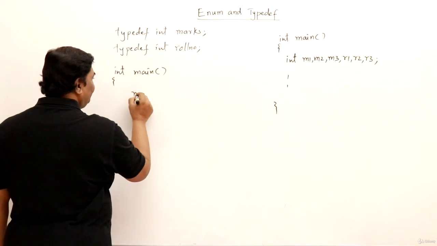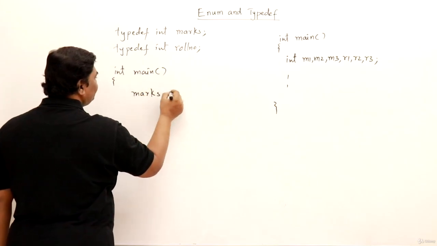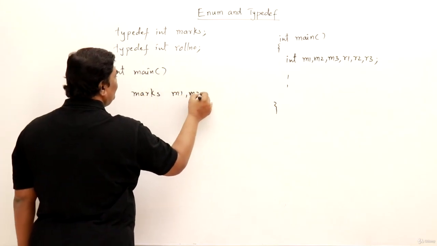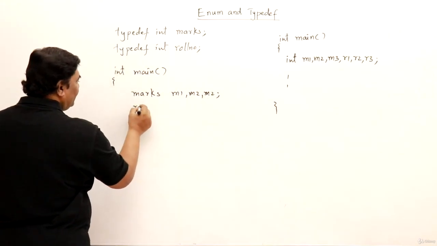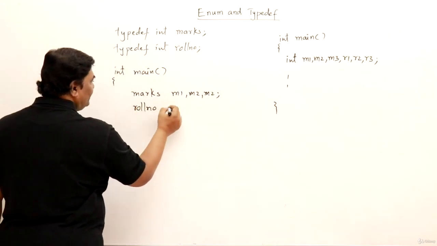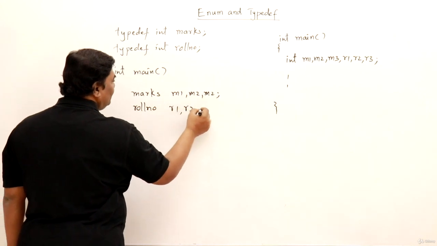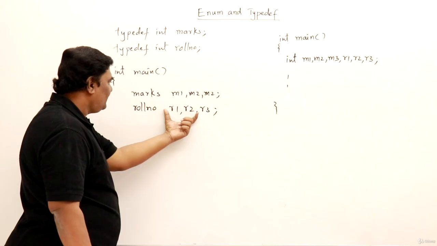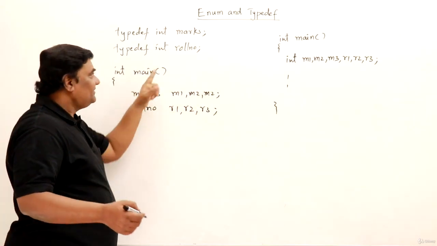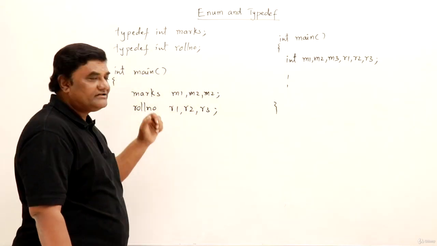M1, M2, M3, I will declare of type marks. Then R1, R2, R3 are of type rollnumber. These are the roll numbers. Now what are R1, R2, R3? Roll number. What is roll number? Integer type.